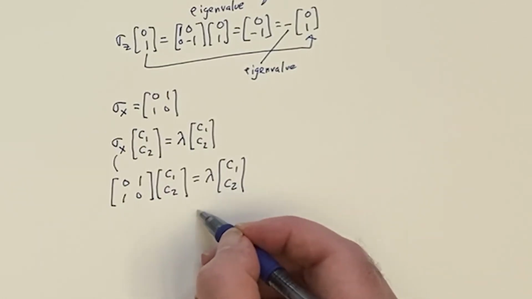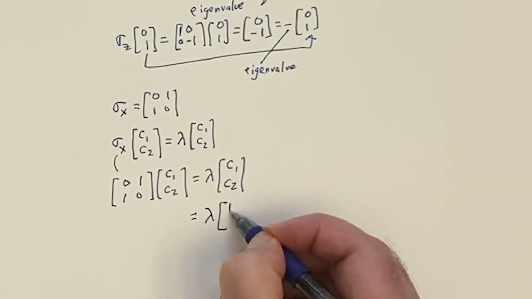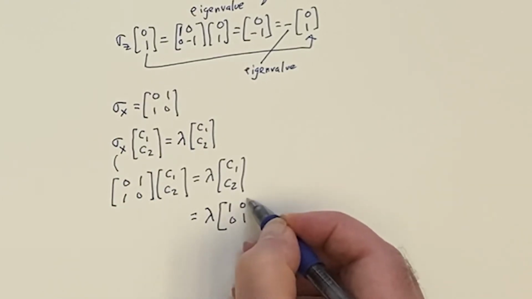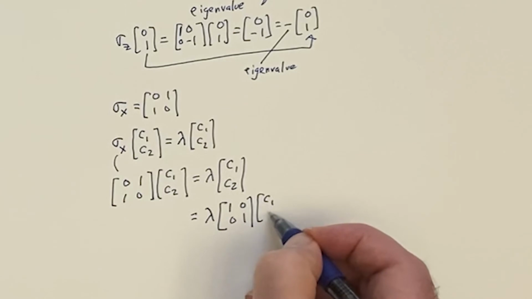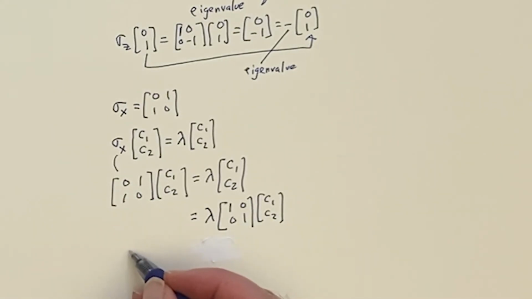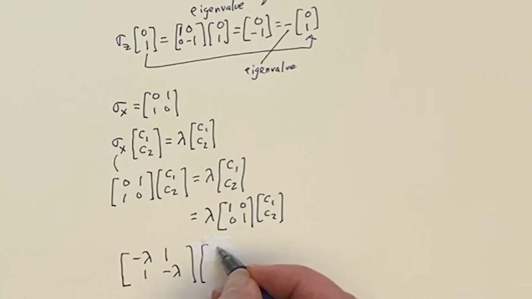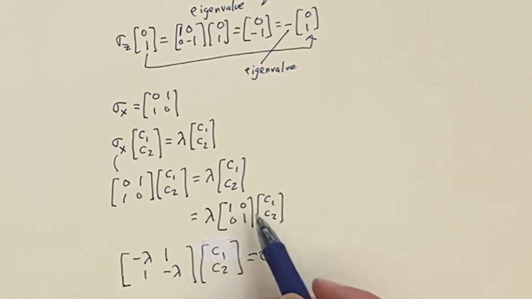you can think of this, here's a nice little trick. This is the identity element working on C1 and C2. So now if you subtract, you can think of this as minus lambda, 1; 1, minus lambda with the C1, C2 equal to 0.